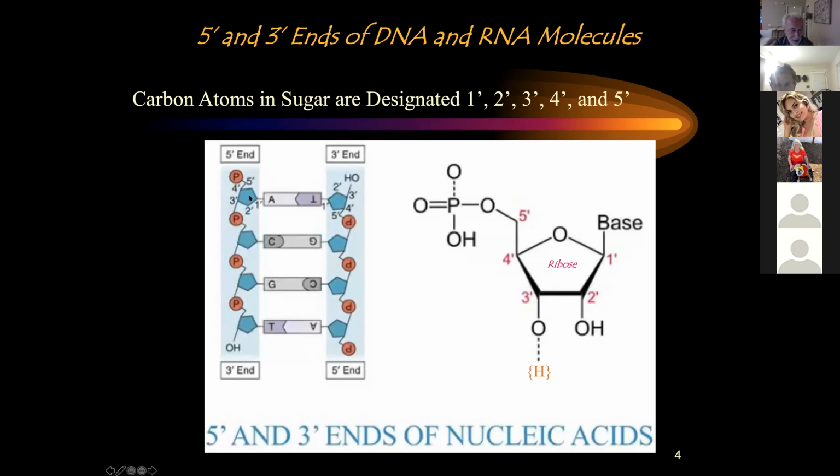And if the molecule ends with a phosphate, it's at the 5' end. So that's what 3' and 5' are referring to. And as I said, these ends are critical because it tells an enzyme where it is and whether it can act or not. So, for example, DNA polymerase always starts at the 3' end.